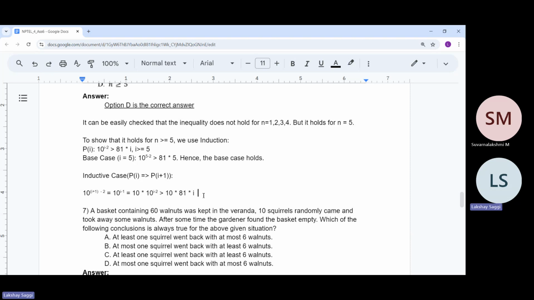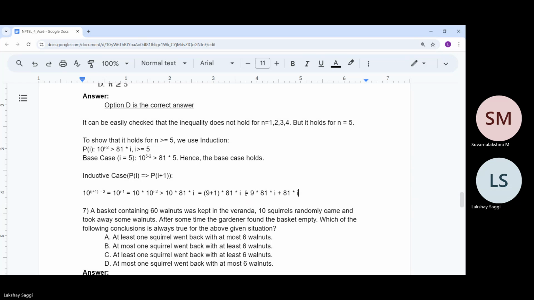I write this as 9 plus 1 times 81 times i. So I write this 10 as 9 plus 1. And what is my reasoning for this? So that this 81i comes out when I distribute this. And this will be nothing but 9 times 81 times i plus 81 times i.